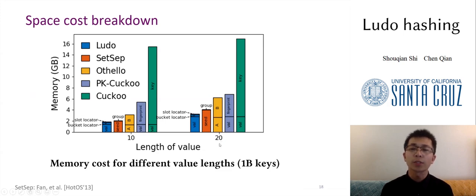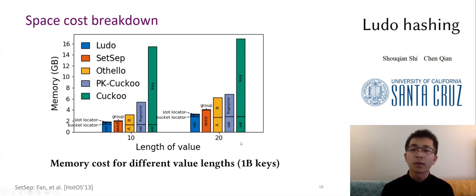Clearly, Ludo hashing needs the least memory cost among all the designs for both value lengths. By comparing the breakdown parts of each design, we find that Ludo uses similar space to store the values, which seems unavoidable for each key-value lookup table.